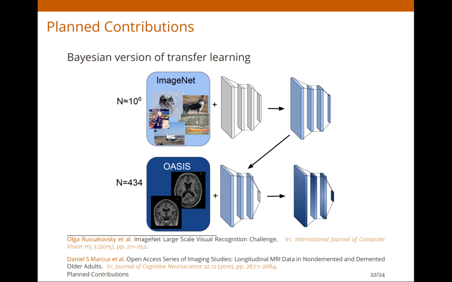But I think that's just begging for a Bayesian interpretation. The Bayesian interpretation here would be that all of this work of pre-training on ImageNet is just defining a prior, a data-informed prior of what a neural network that does work on images should be. We apply that prior to our data set, and then we learn a posterior distribution on that. In some places maybe we have the data to say this should actually be very different, in other places less so.